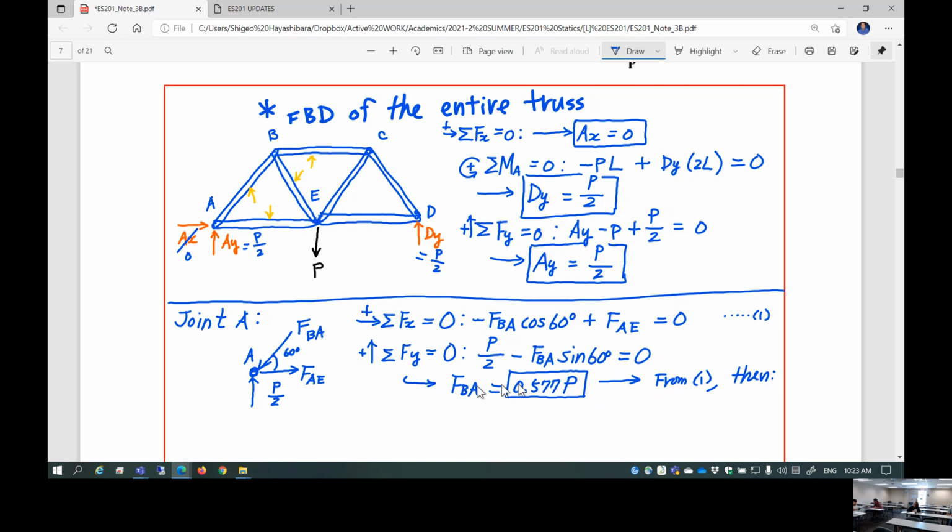If you plug in FBA is equal to 0.577 P, FAE is equal to 0.5 times 0.577 P, which is 0.289P.